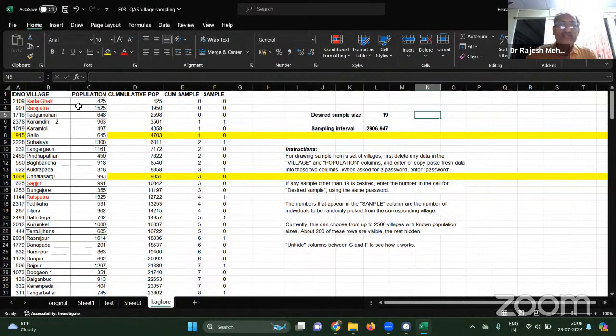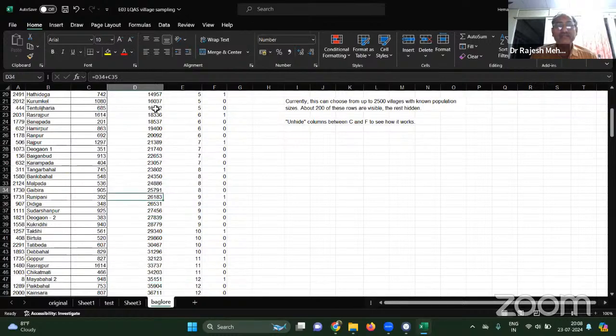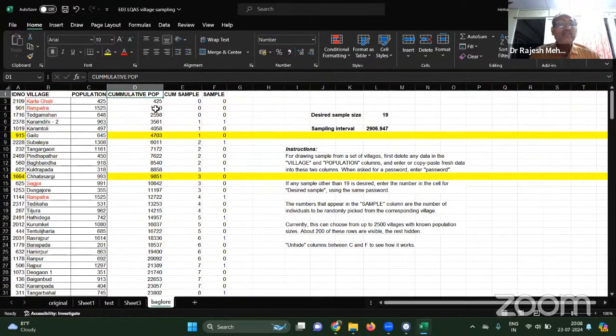So what it is doing: the first village, or in the case of Bangalore, the first ward, this is the population, and it will give you cumulative population in this column. Based on the cumulative population, it will automatically find out the sample interval by dividing total population by the sample size.